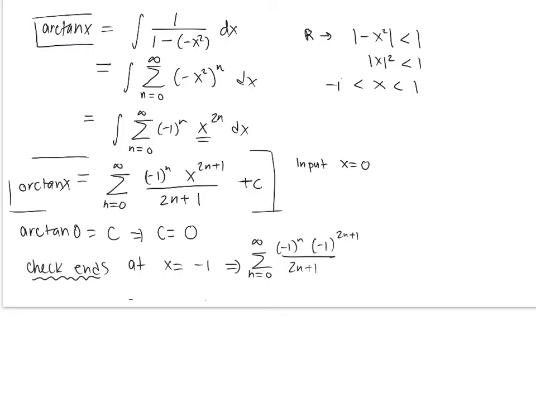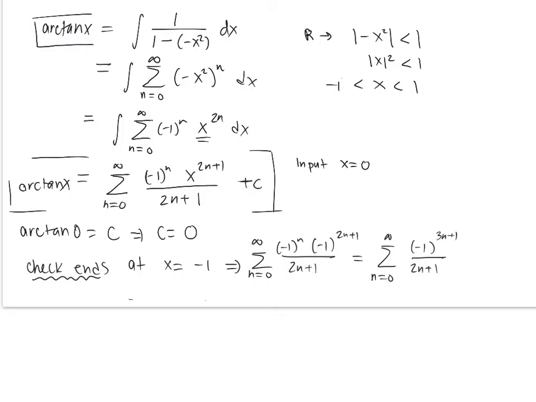And the question is, does that still alternate? Let's see. First of all, do you buy that this is the same thing? Negative 1 to the 3n plus 1. Does that make sense?